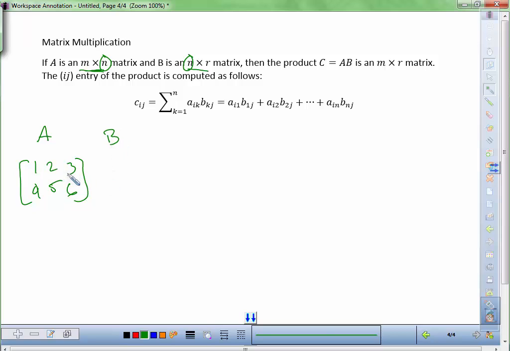It has to have the same number as the number of columns, right? So 1, 2, 3 columns. So I need 3. Let's go 1, 2, 3, 4, 5, 6, 7, 8, 9. So I have to have 3 rows for this.